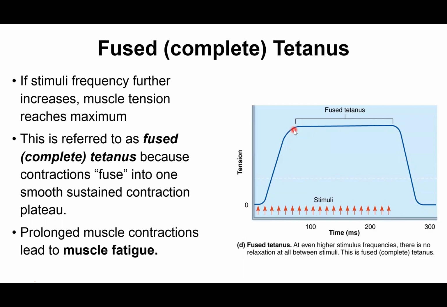And this is referred to as fused tetanus because, as you can see, all of the contractions will fuse into one smooth, sustained contraction plateau. Now, prolonged contraction here will lead to muscle fatigue, and we'll talk about that as we move throughout this lecture.